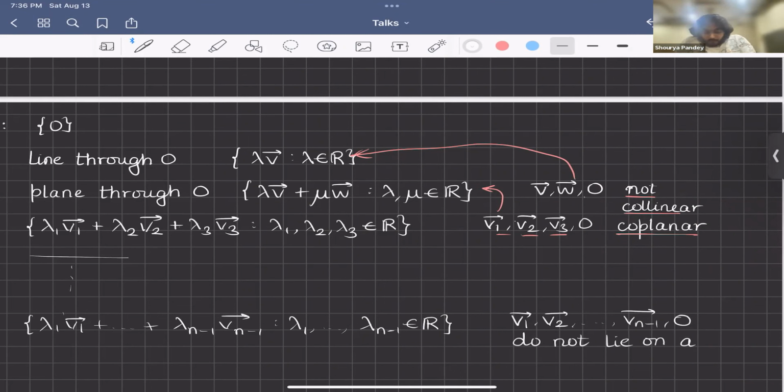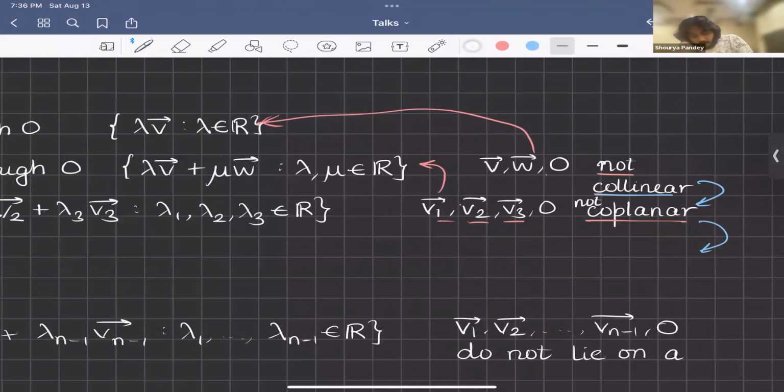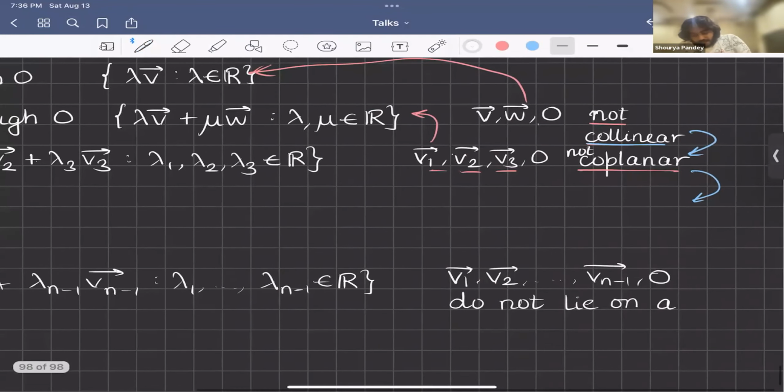Well, okay, think of this as a generalization of collinearity and then coplanarity, and so on.